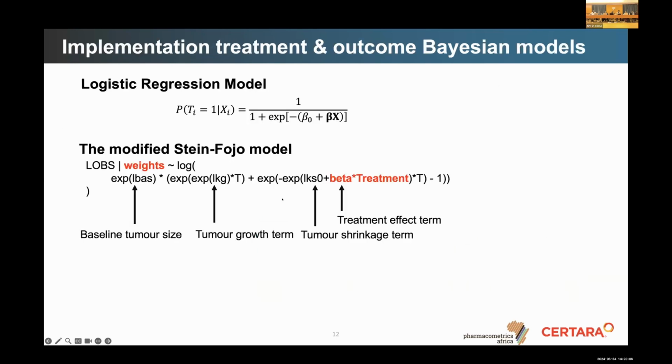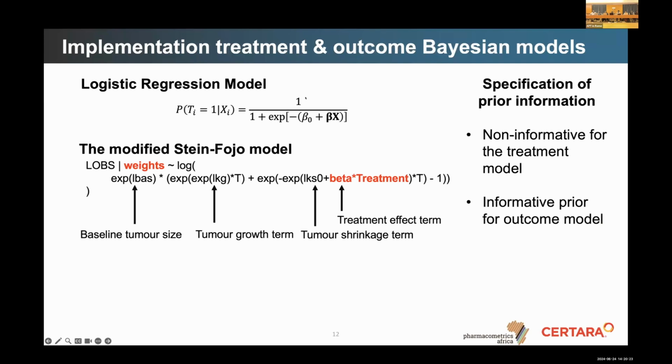So the implementation of the treatment and the outcome Bayesian model. I think my colleague has highlighted several steps in the Bayesian model. So this is a logistic regression model, which you would fit within the Bayesian framework. And he also mentioned the prior information.